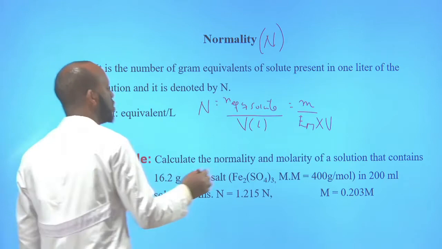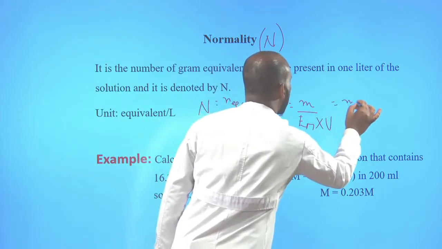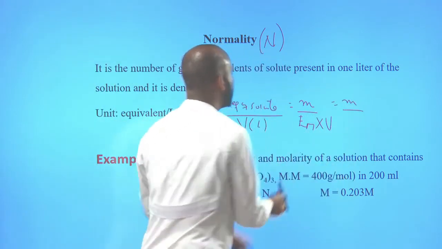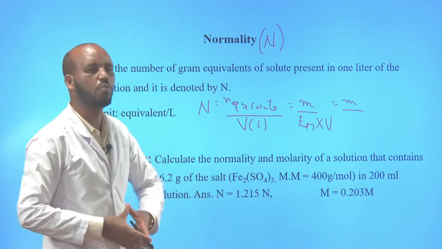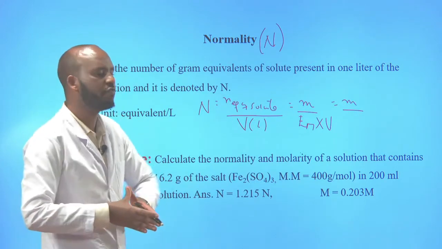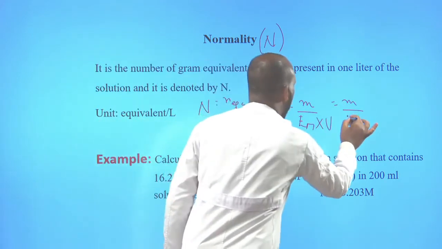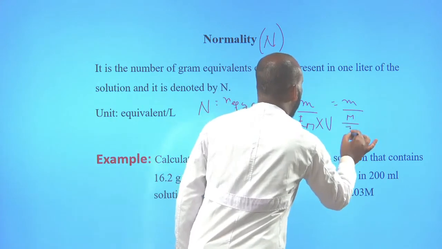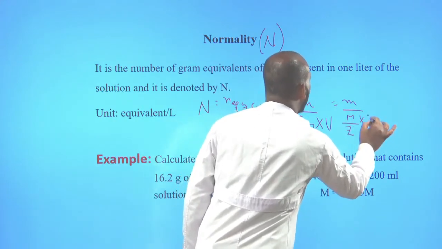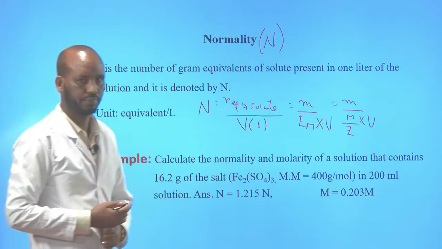We can write this as mass of the solute divided by molar mass of the solute divided by Z, times volume of the solution in liters.